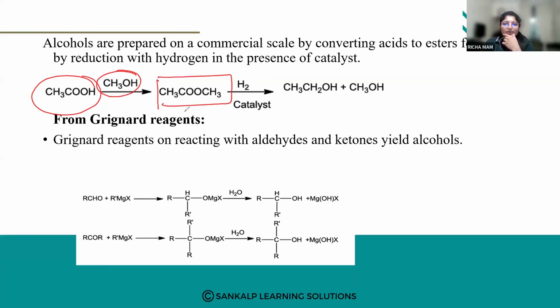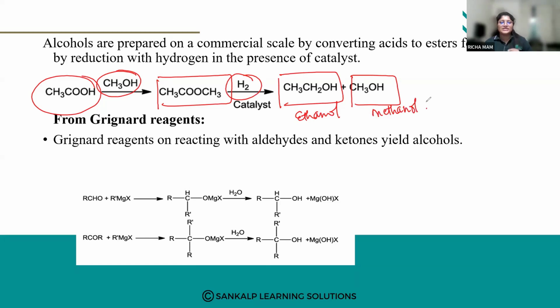The acids are converted into esters, and then you do the reduction with hydrogen in the presence of a catalyst to get alcohols. So I have got a mixture of alcohols, one is ethanol, another is methanol. Is it clear? Yes. Okay, so these are the preparation of aldehydes.